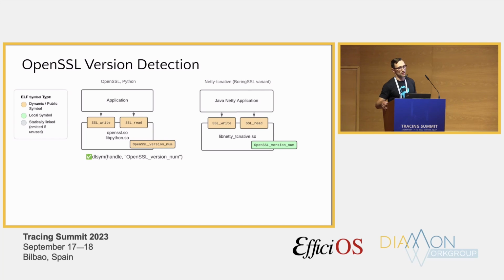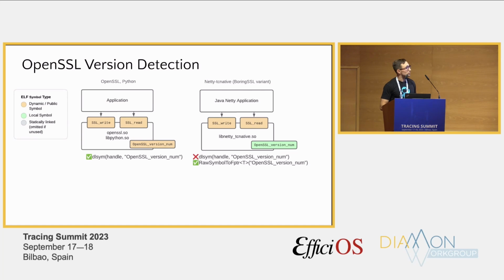One of the next use cases we supported was Netty TC native. Netty is a networking library in Java, and it has this TC native component that is native code doing the encryption. And so the shared object we needed to trace was libnetty TC native. Now in this case, the OpenSSL version num symbol was not a public symbol like in the previous case.